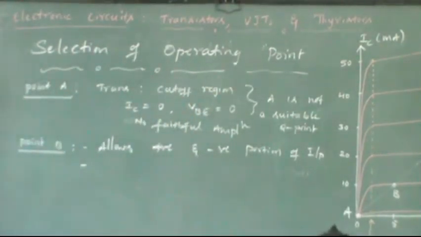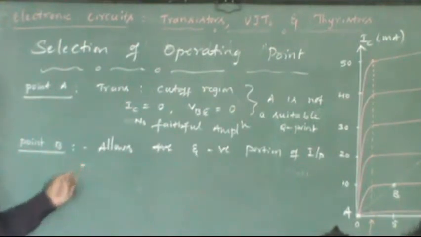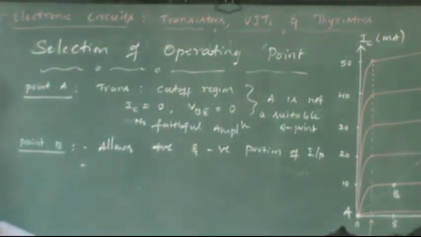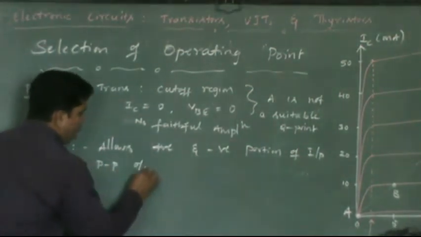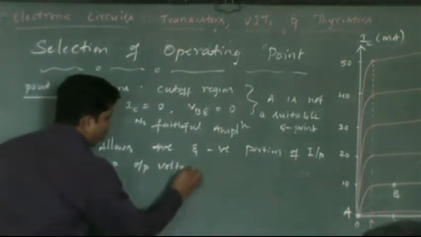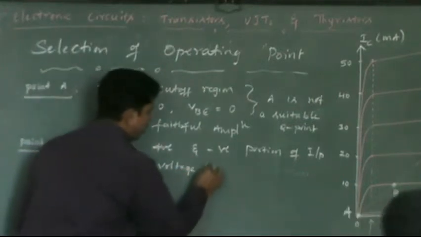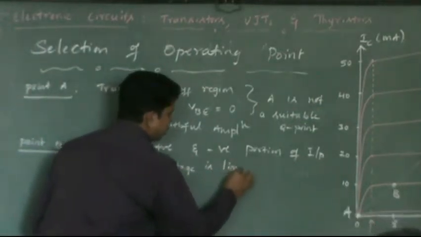So you can write the second drawback here. The peak to peak output voltage is limited.